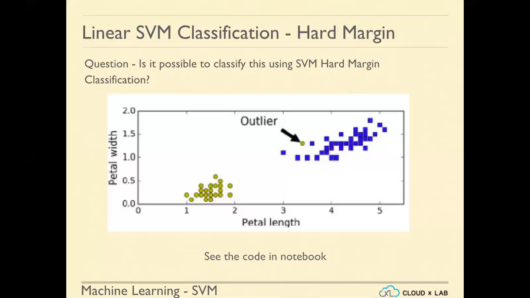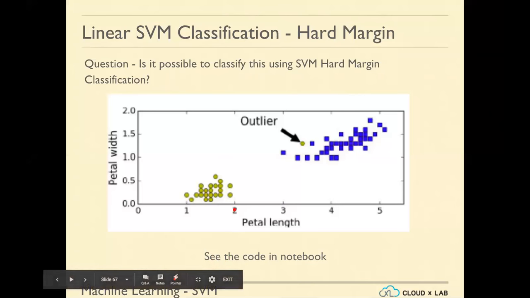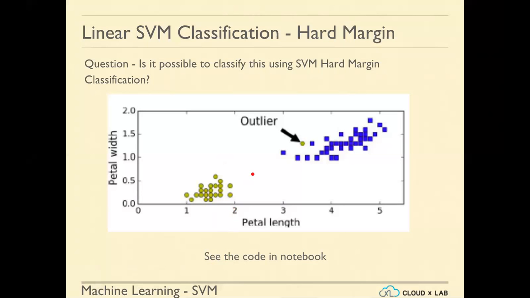Now, coming back to the point, do you think it is possible to classify this using SVM hard margin? Yes or no? Correct.